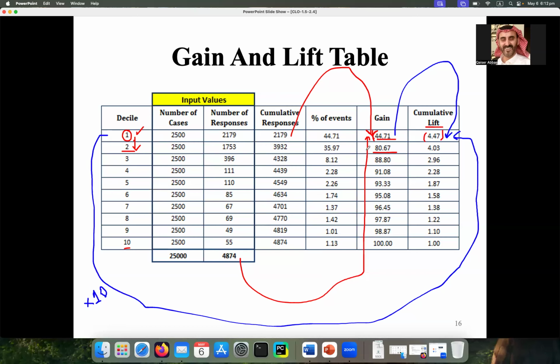For this value, you divide by 20, not 10. And similarly, the third value, this value divided by 30. Similarly, you can go on, and then you will have your values in the column. These are the values for the lift.